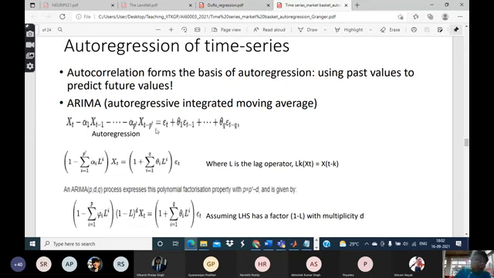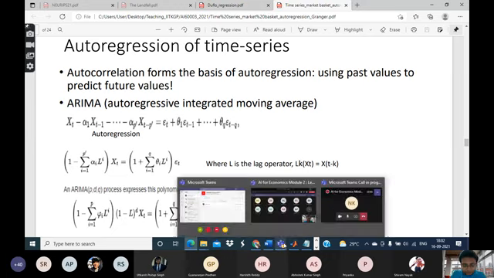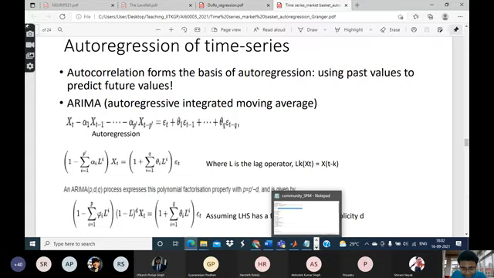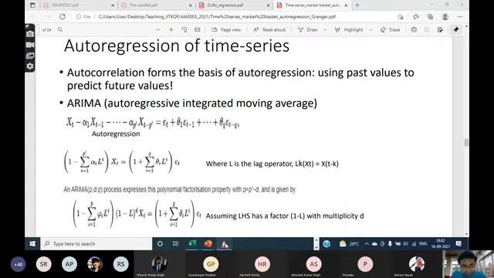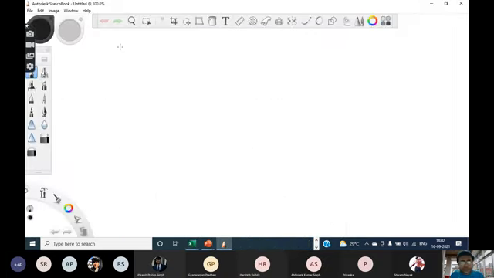Now for different values of p prime and q, you may see that this model behaves in very different ways. For example, let us consider the case p prime equal to 1 and q equal to 0. Then what happens to the ARIMA model?